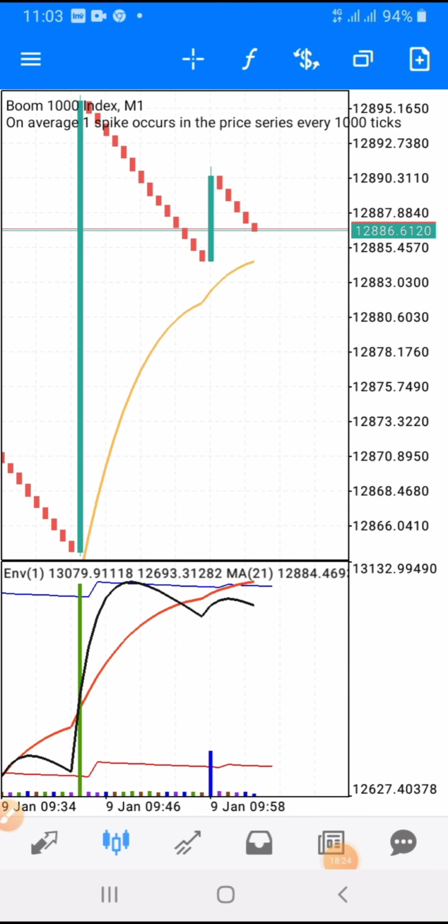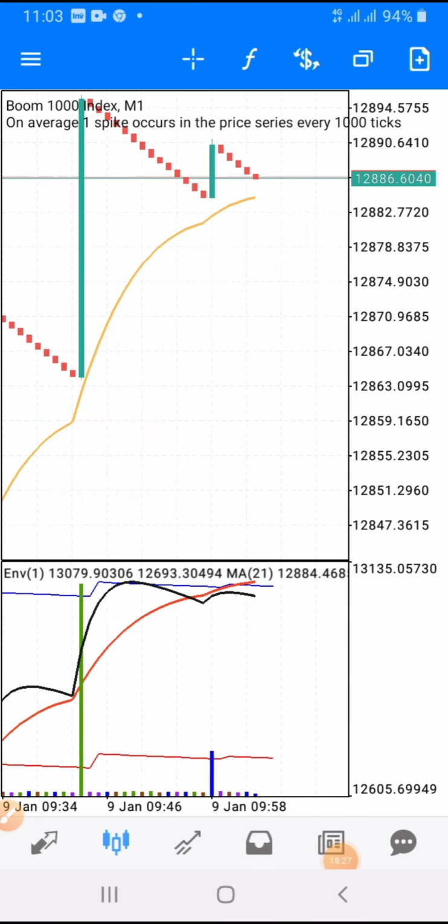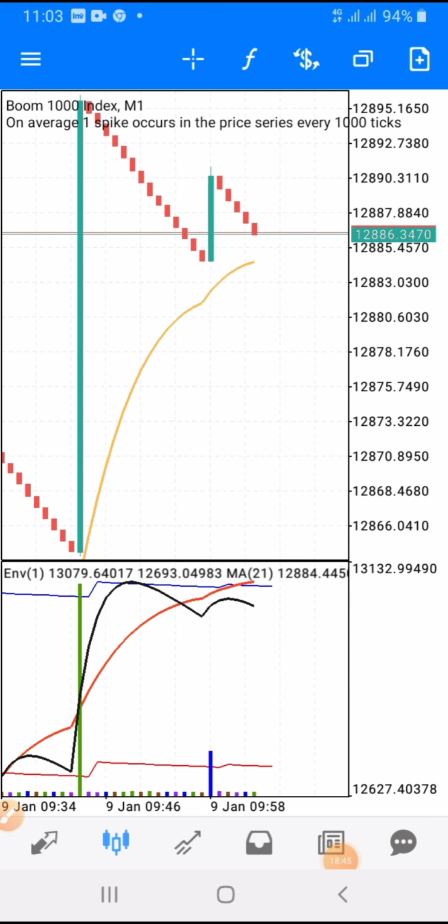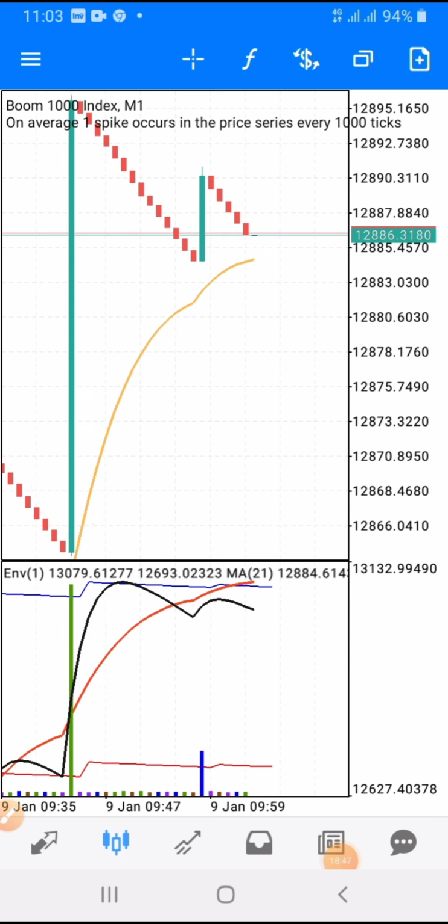Excuse me. You can see what I was saying. Whenever it gets to the moving average 21, it spikes and then they start coming down again. So it serves as one of the best ways you can identify your support and resistance in any pair. So use it properly and use this strategy wisely, guys.